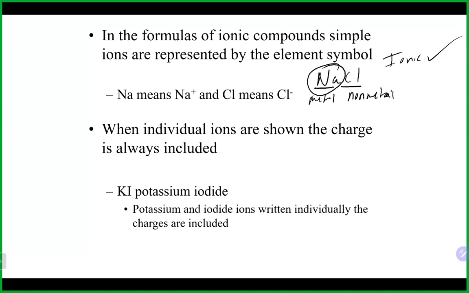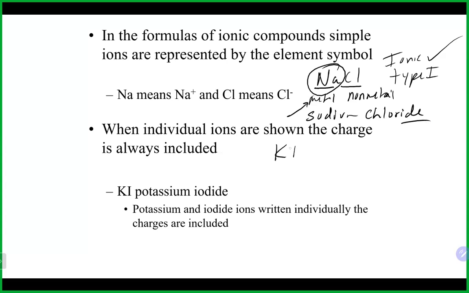You want to go to the periodic table and find sodium, which should be hanging out there in group 1. Because it's in group 1, that should signal to you it is a type 1 metal. And as soon as you do that, all you have to do is use the whole name of the sodium here. And our chlorine becomes chloride, IDE at the end of it, and we put it together.